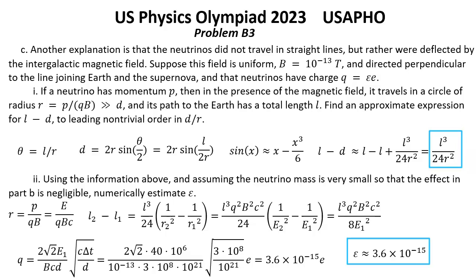Since the effects of neutrino mass and charge add, and we know neutrinos have mass, this result yields a very strong upper bound on the possible charge of a neutrino, which as far as we know could be exactly 0. That was the solution for question 2 of part C, and here we finished the discussion of problem B3.